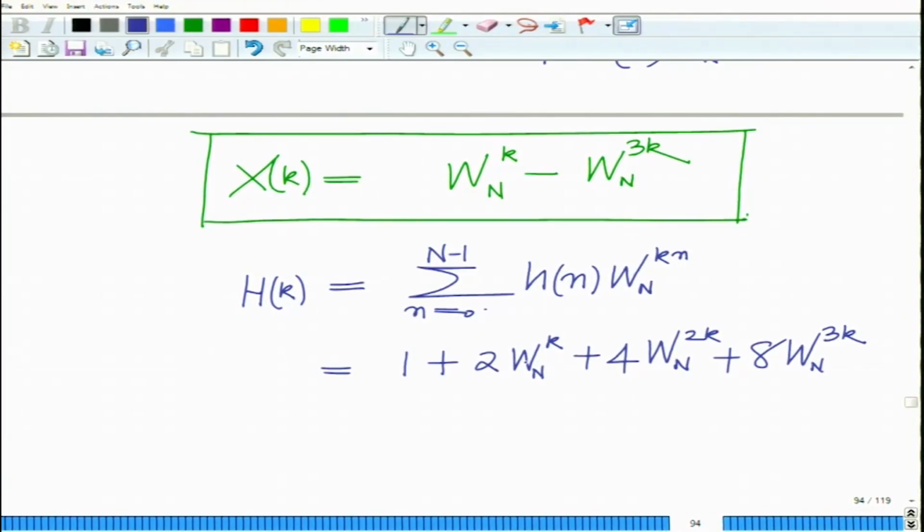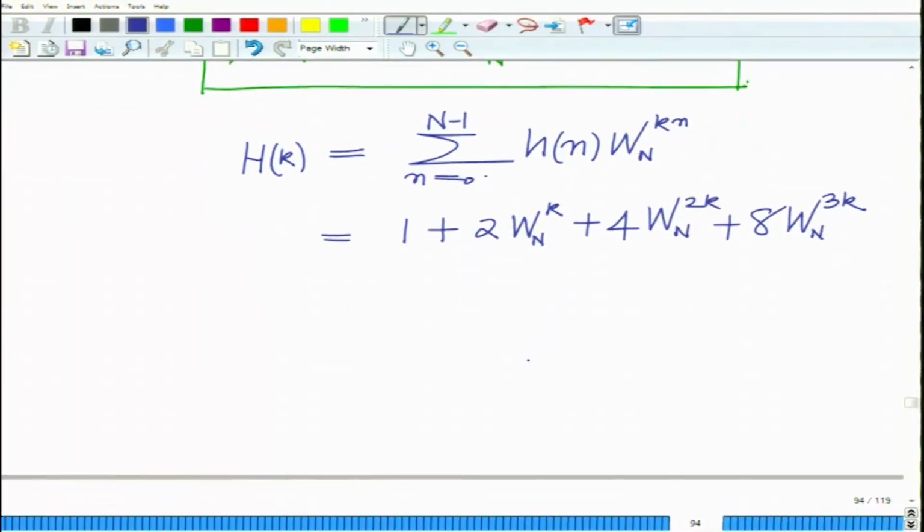This is the expression for your H[k]. Okay. And now observe that the DFT of the output is the multiplication of the DFT coefficients of the input.